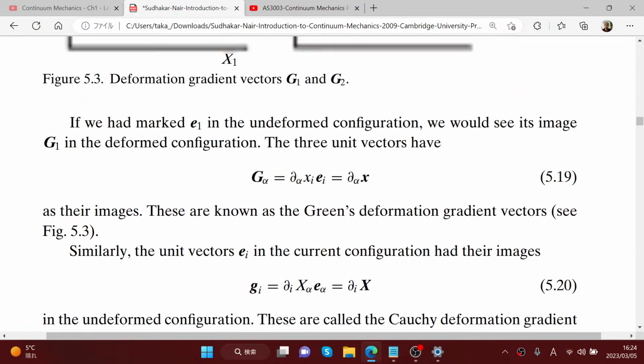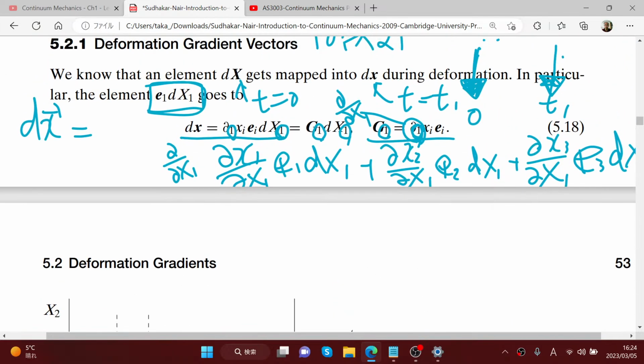Same thing, right? I think it's the same thing as this.